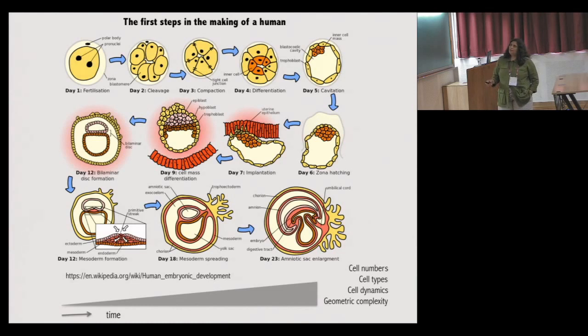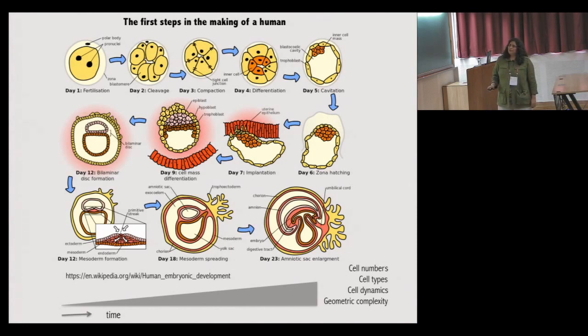And then you start to build some sort of geometric complexity, which is that you make a somewhat symmetric looking structure now asymmetric, so that the red cells are skewed to one side of this circular structure. Then you start building cavities and linings and so on, right?